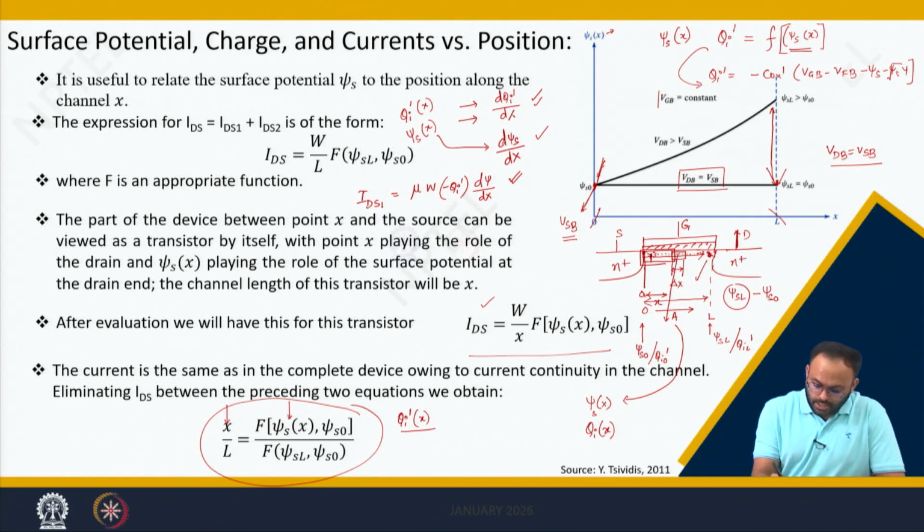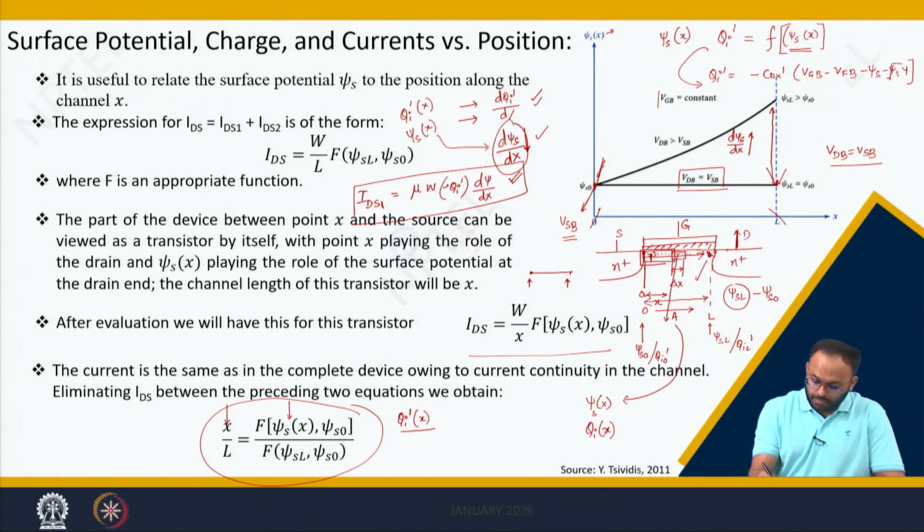So, this is IDS1, or you can say this is the drift component. Now, how does the drift component vary along the channel? If you see carefully, when you are moving from 0 to L, the change in the surface potential increases, right? The gradient of surface potential with respect to x increases.